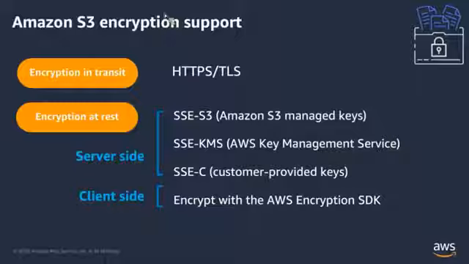You don't have to worry about that, and it's totally free, very simple to use, and therefore widely popular. If you have your own corporate standards around how you do key rotation and you want to control which keys are used to encrypt which objects or buckets or prefixes, then you want to use SSE-KMS, using our Key Management Service, as I talked about just a second ago when talking about client side.